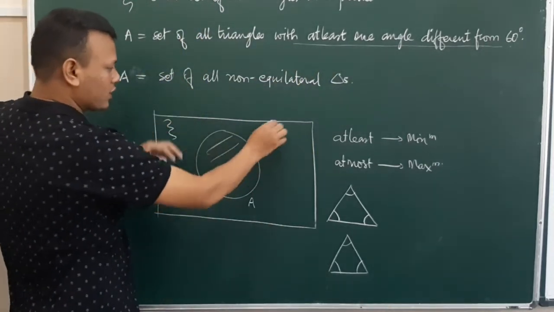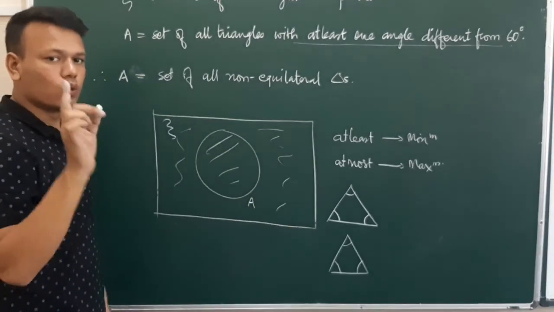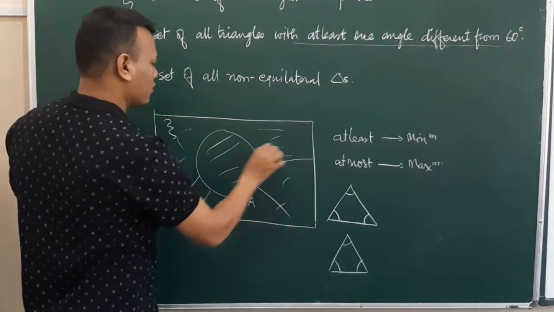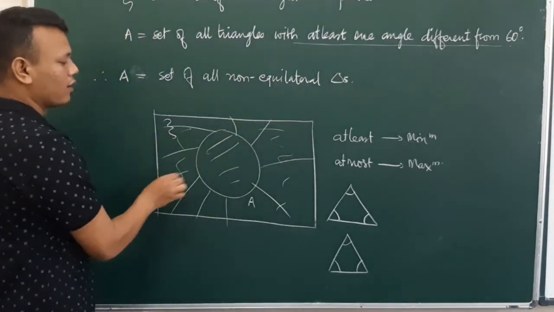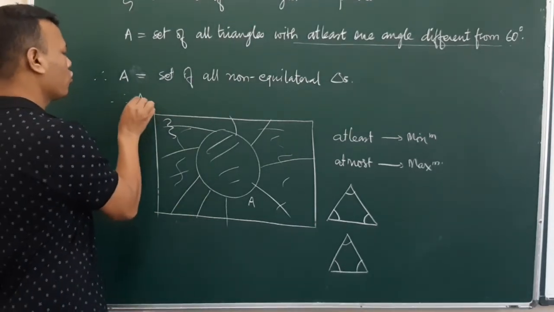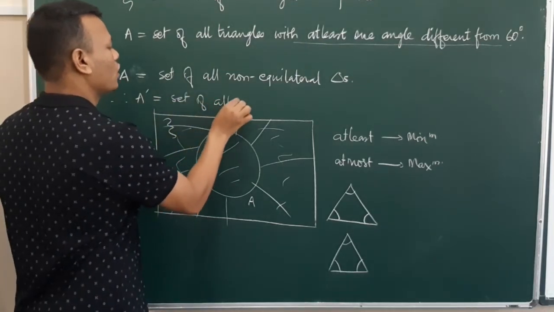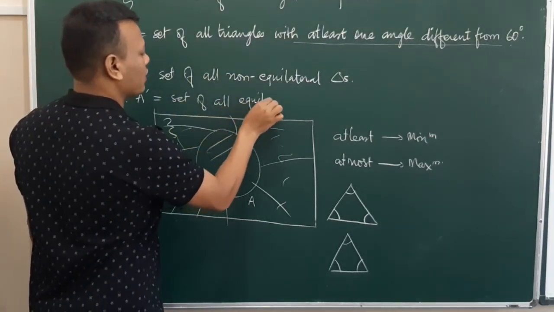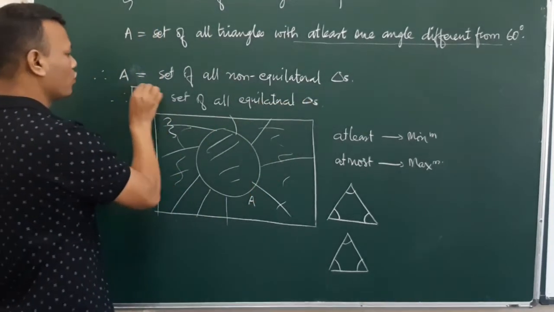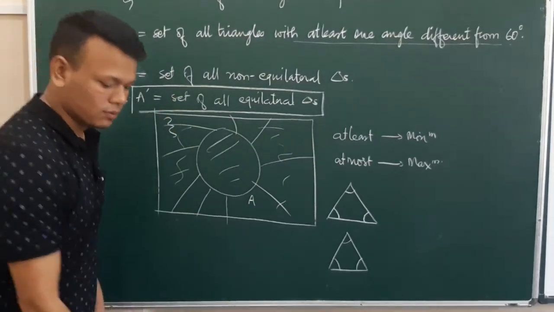Whatever is coming outside this, that is this part here, must lie only the equilateral triangles, and this gives me A complement. Therefore your A complement will be the set of all equilateral triangles. All right, so this is what we need here. Pause the video and note it down.